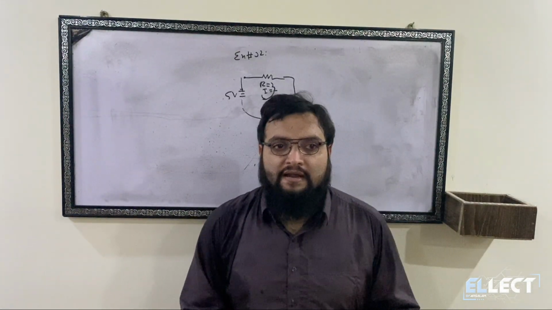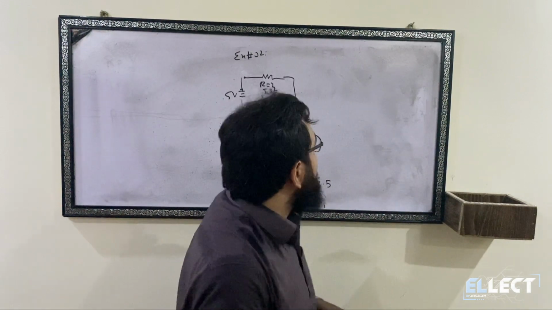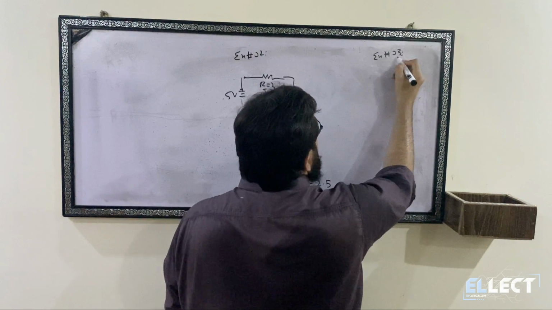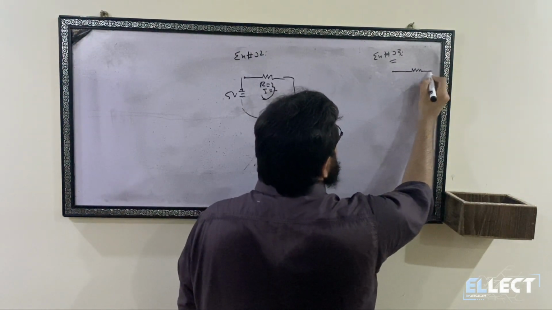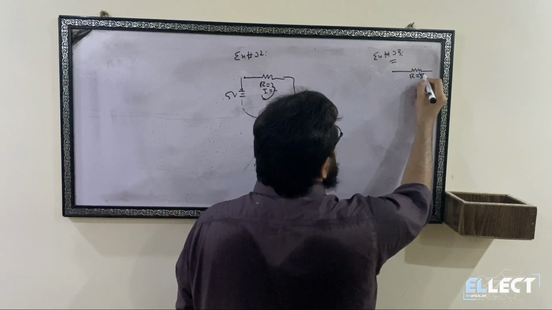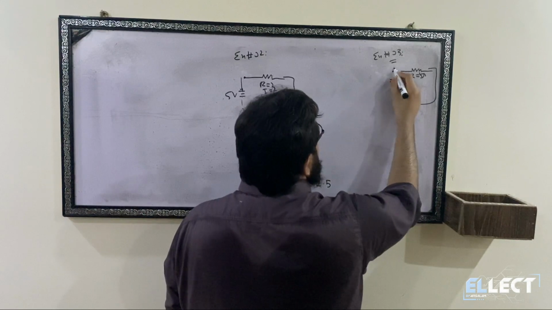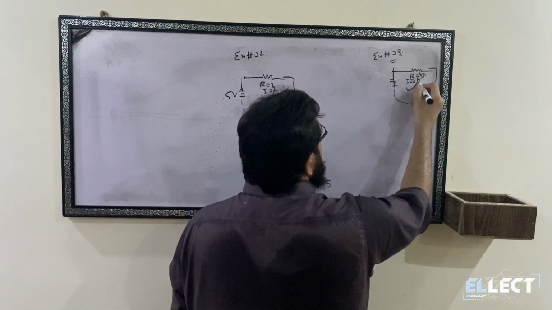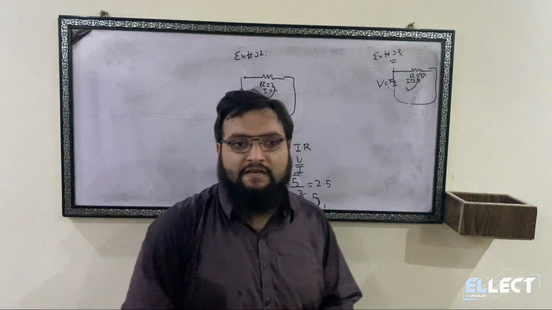Now the third example of Ohm's law is defined by, if in a circuit the resistor is of rating 5 ohm and the current flowing through the circuit is equal to 2 ampere, we have to find the voltage across the circuit.